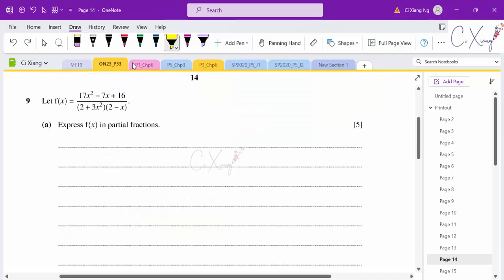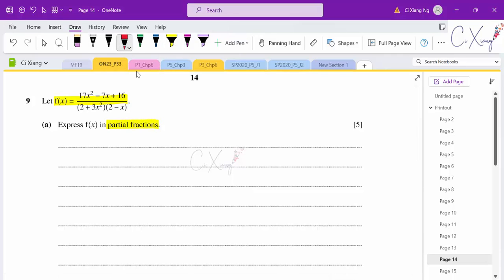Alright, so question number 9. We are given the function f(x) and they want us to express f(x) in partial fractions. Okay, so first of all, we have to double check and see whether this fraction is a proper fraction or improper fraction. So let us have a look at the degree of the numerator. The highest power is 2 for x, therefore the degree equals 2.